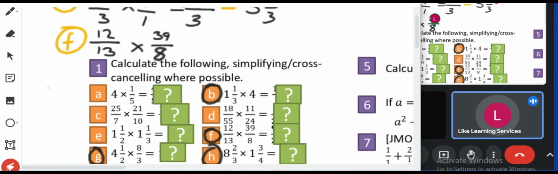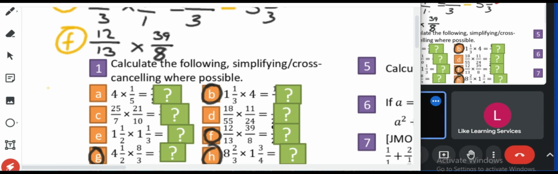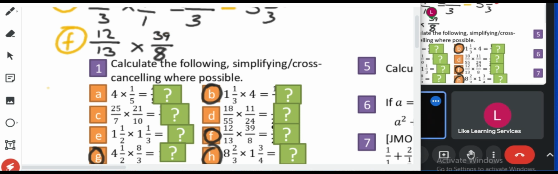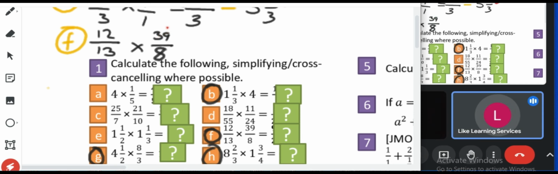Yes, you can cross out 39 with what? With 3. You see, whatever you're going to divide up with, you must find something down to divide with that.